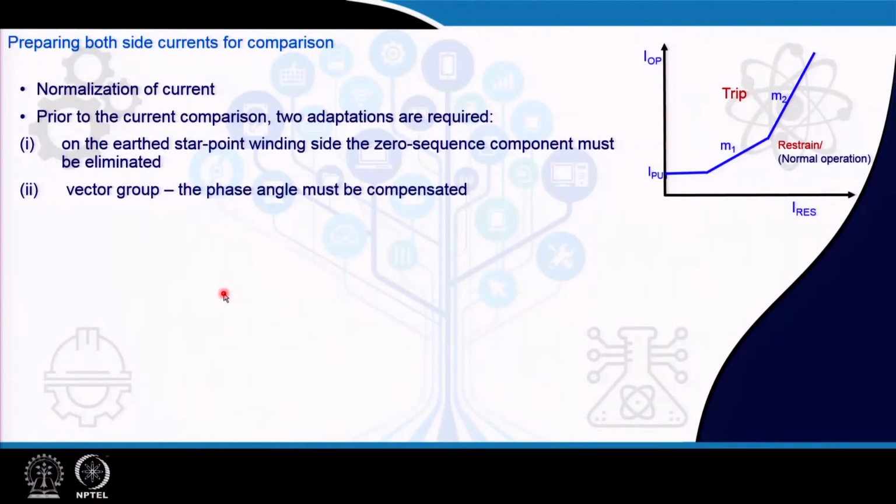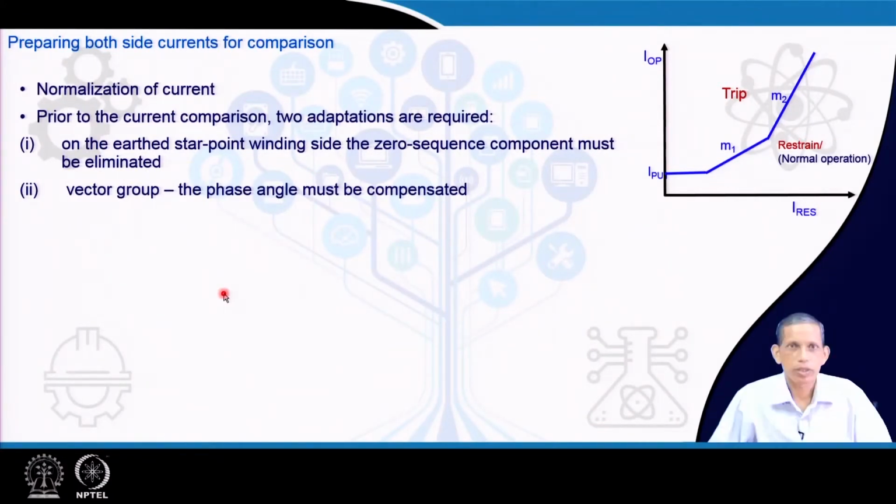Now, in the last lectures we have seen that differential relay is a promising technique for transformer protection, but it needs proper processing of the current, like the normalization aspect, before the corresponding high voltage winding side current and the corresponding low voltage side winding current are being analyzed.